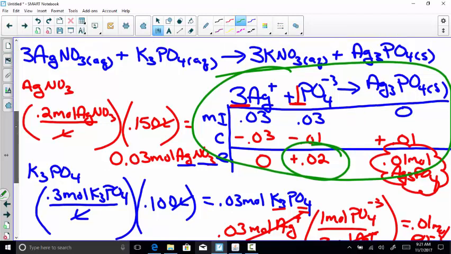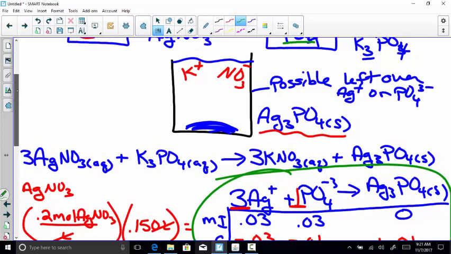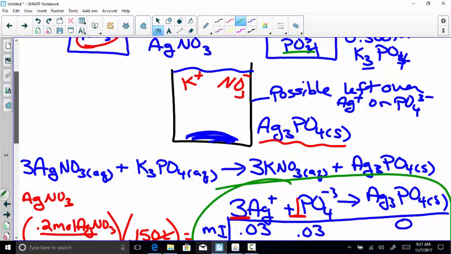So I apologize for sliding up. But if I go back to this beaker, okay, when I said I might have silver ions left or I might have phosphate ions left, what I have left in the beaker are phosphate ions that did not get used up. So now, because I drew this beaker out, I can answer the next question.